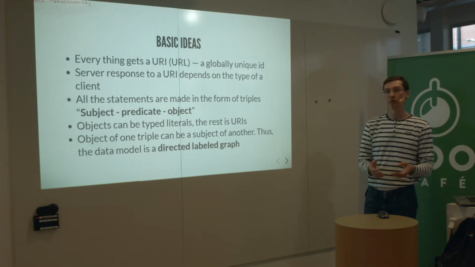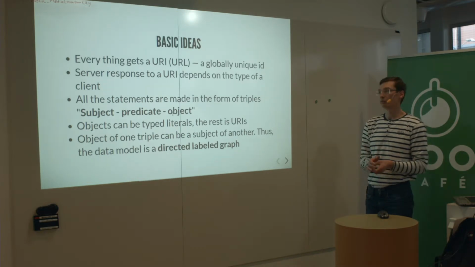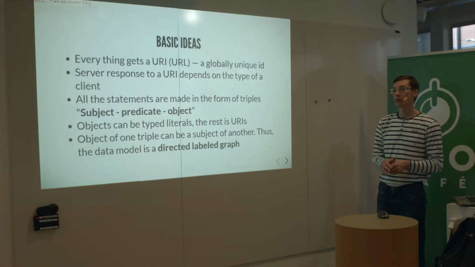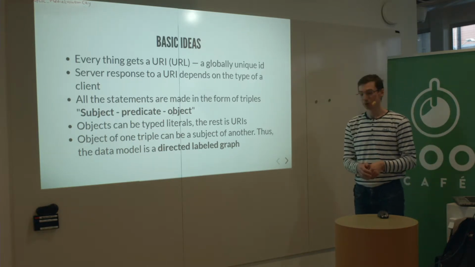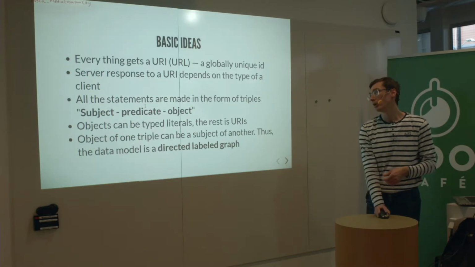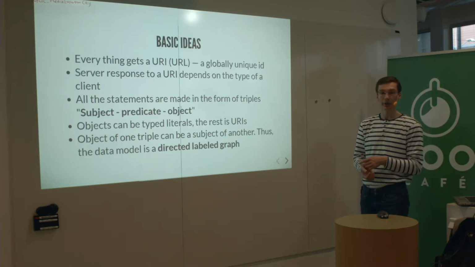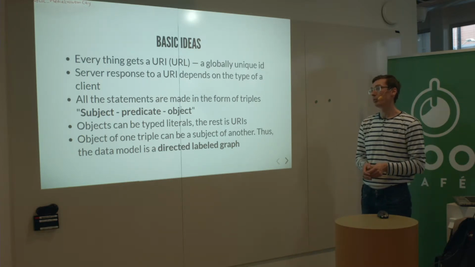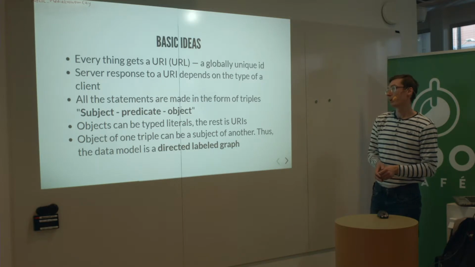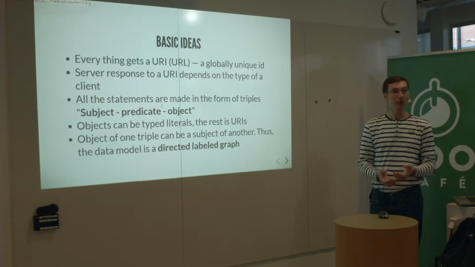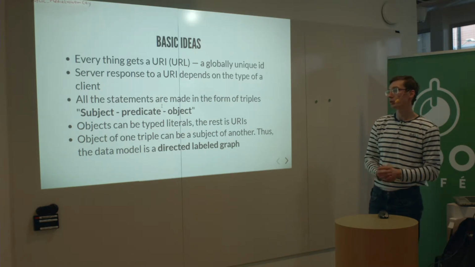So that would be your name is something, very simple, or age. Or you could have an environmental research station, and then a predicate representing a latitude and longitude, and then a literal representing the coordinates, a double floating point number. And that's pretty much it. So it's a sequence of the simplest statements of a human language, if you like.